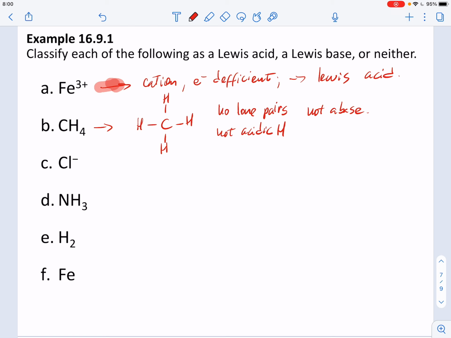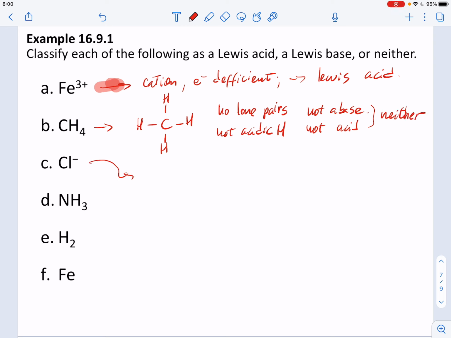And because they are not acidic hydrogens, remember, if it's a compound that has hydrogens, and the hydrogen is what you will say is the acid part on that compound, if they are not acidic, then they will not be a Lewis acid. So not a base, not an acid, therefore that's neither.